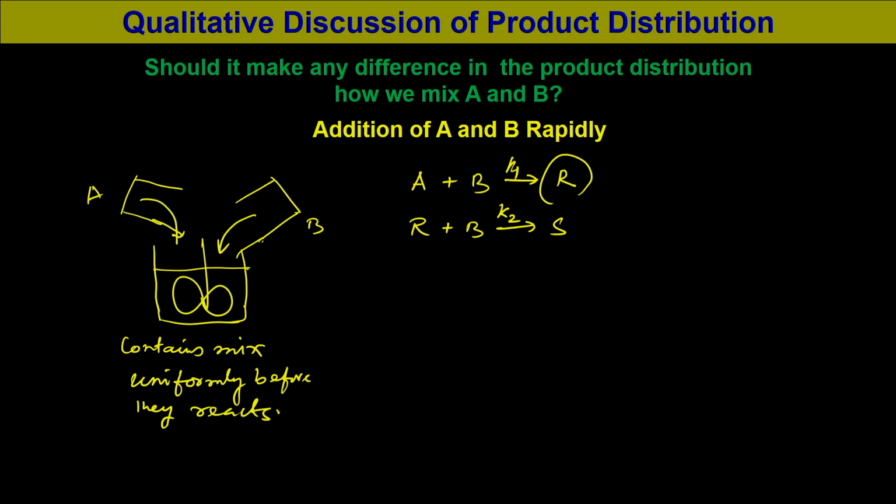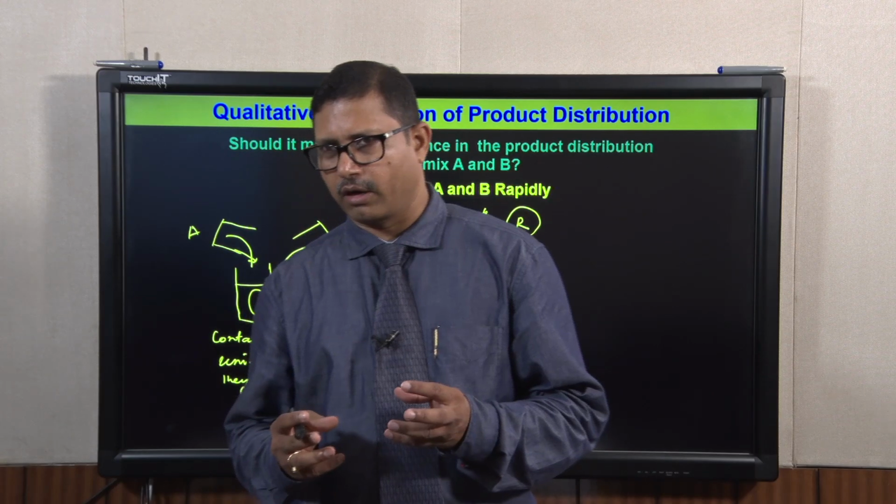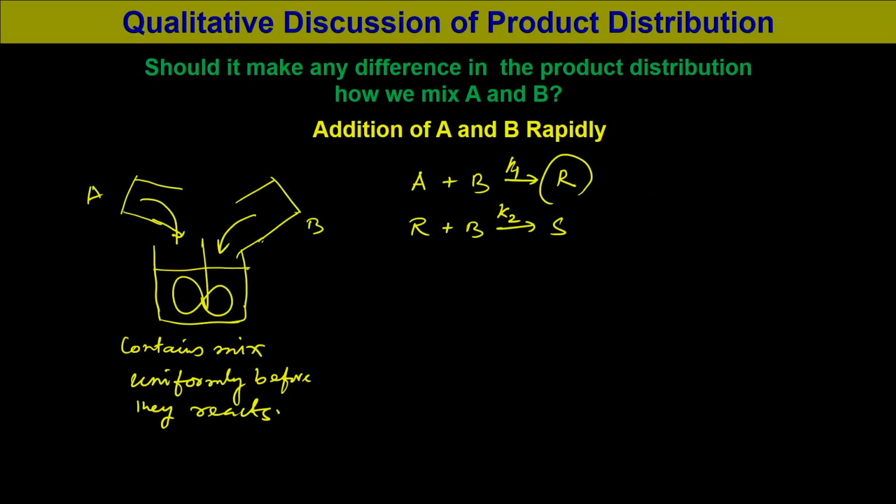So, it will give a similar concentration profile as we saw for the second case, the addition of B into A. So, if we add A and B simultaneously, the product distribution would be the same as that of adding B slowly into a container containing A. So, the product distribution for this case would be like this.